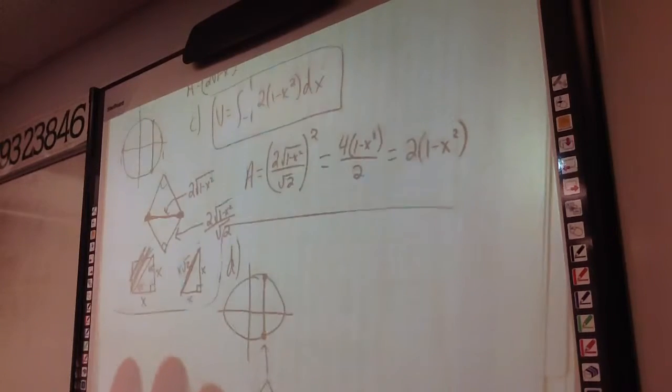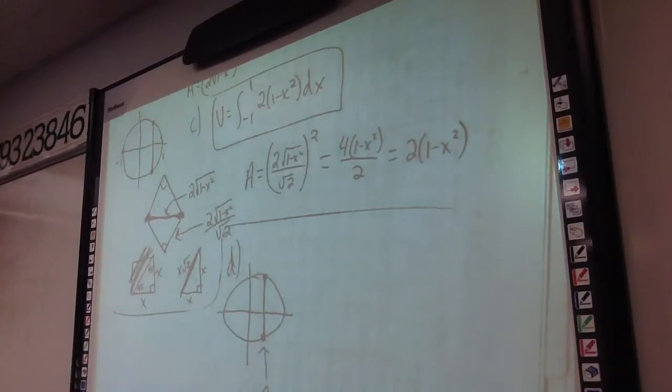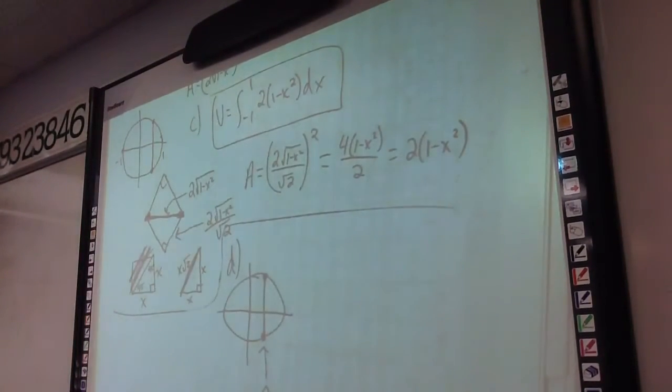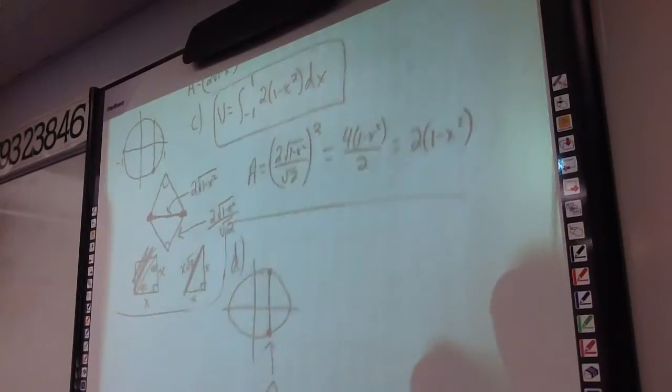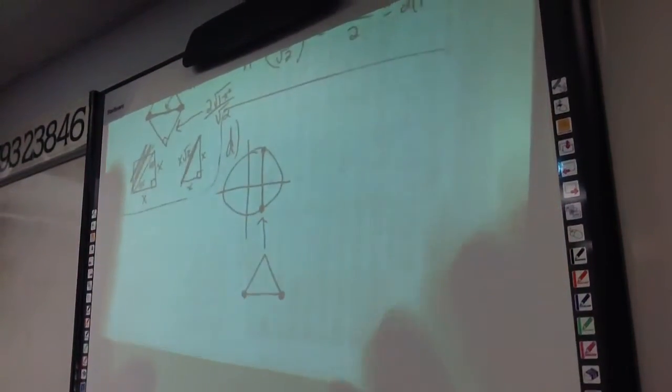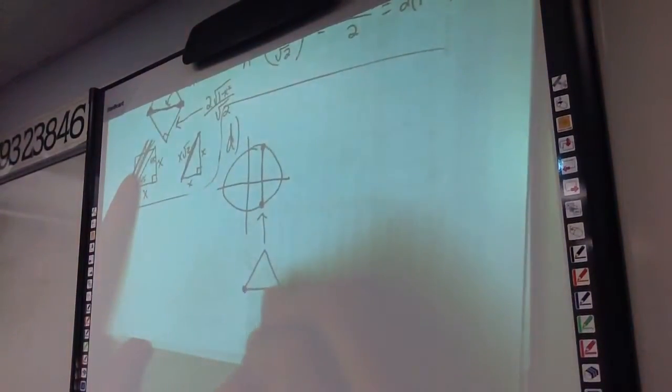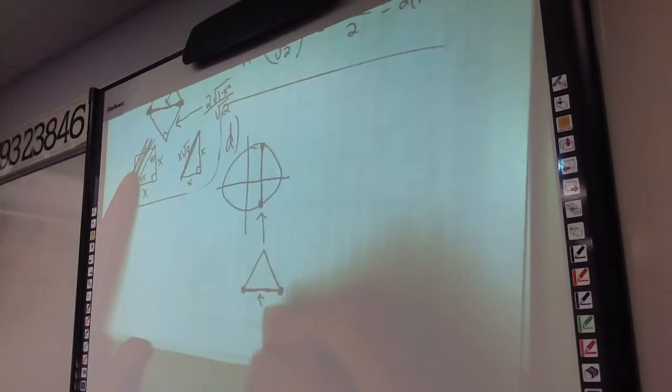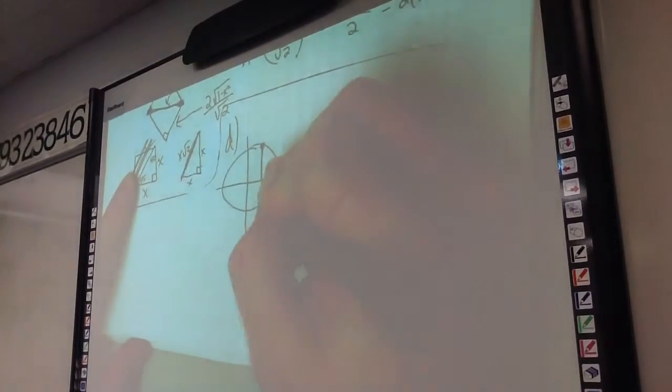Okay, do I know this side length of my equilateral triangle? Yes. What is it? It's 2 times the square root of 1 minus x squared, right? Because there's 2 of them. There's 1, 2.